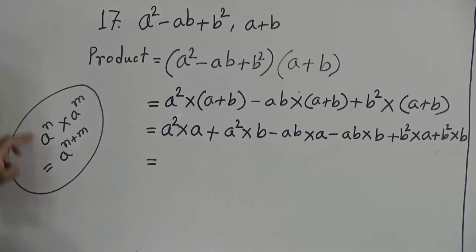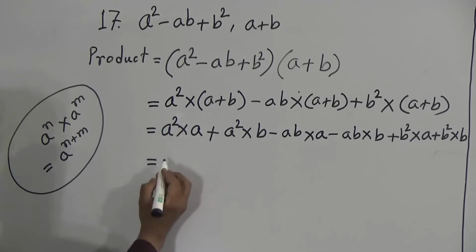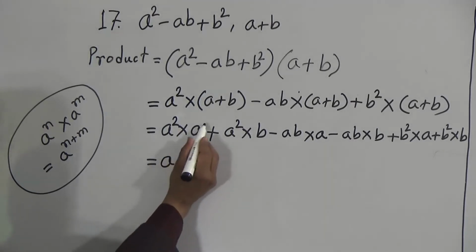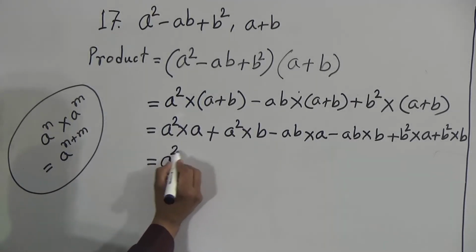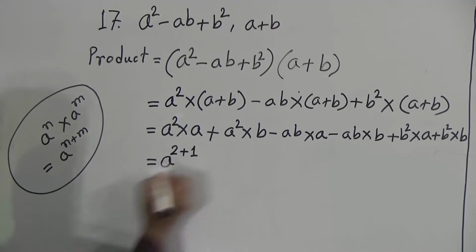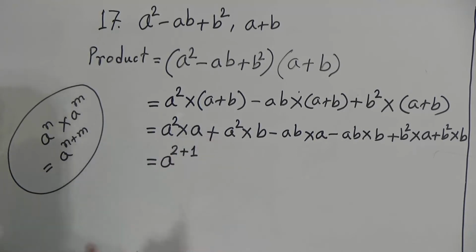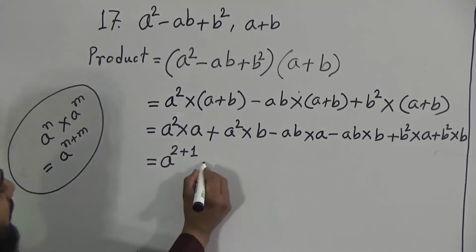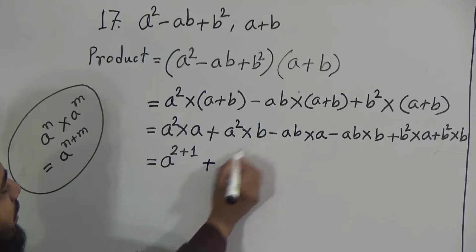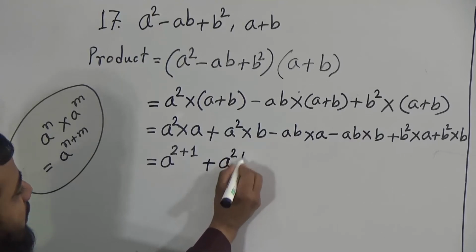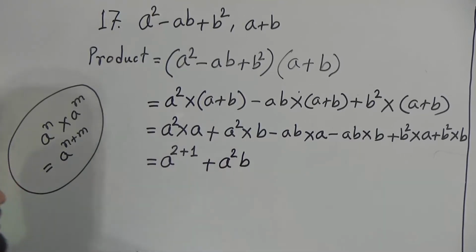Now look, a to the power n multiplied with a to the power m will be a to the power n plus m. This a has no power, that means this a has power 1. Okay, my dear students, now a square and b will give a square b because the variable is different.